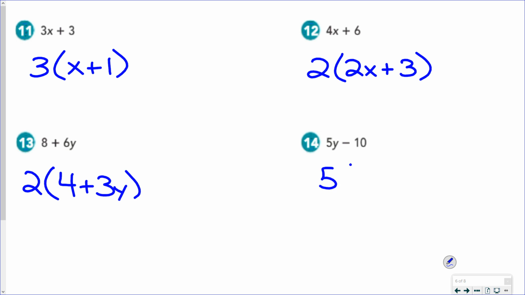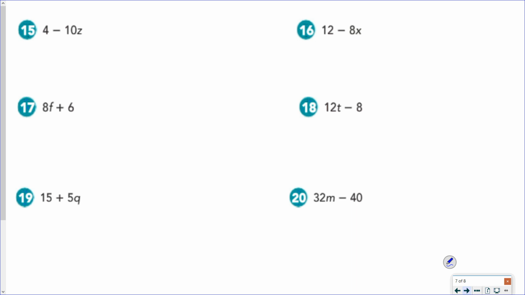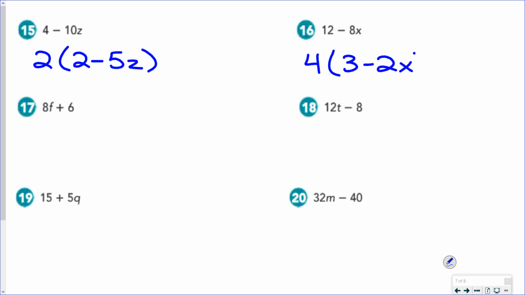I can divide those by 5, and inside parentheses I would have y minus 2. For number 15, I can divide both of those by 2, and inside parentheses that would be 2 minus 5z. For number 16, the highest number I can divide both 12 and 8 by is 4. That would be 3 minus 2x inside parentheses.